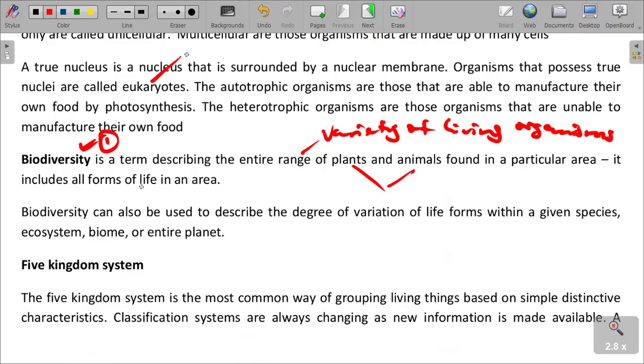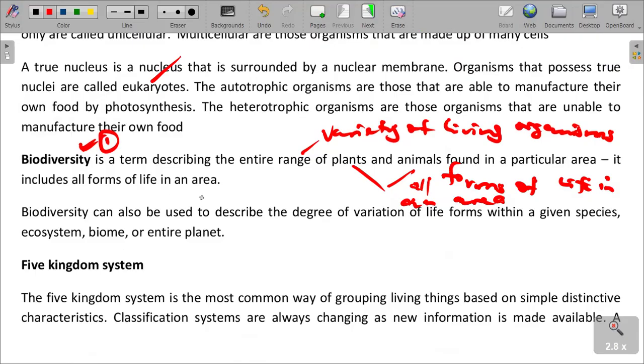It includes all forms of life in an area, which is to say the plants and animals that we are looking at.